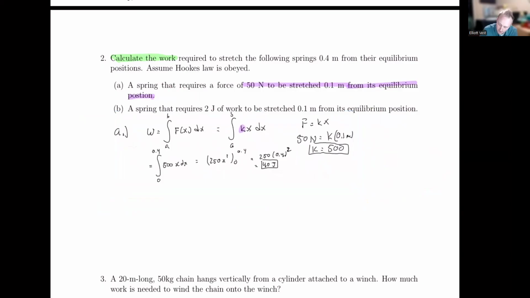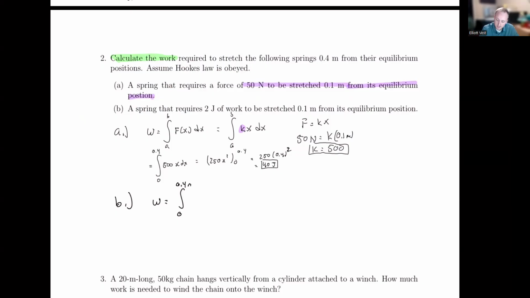So for part B, we have a spring that requires 2 joules of work to be stretched 0.1 meters from its equilibrium position. Now, again, the goal here is to find what our k is first. But either way, we want to know the work required from taking its equilibrium position and stretching it 0.4 meters.